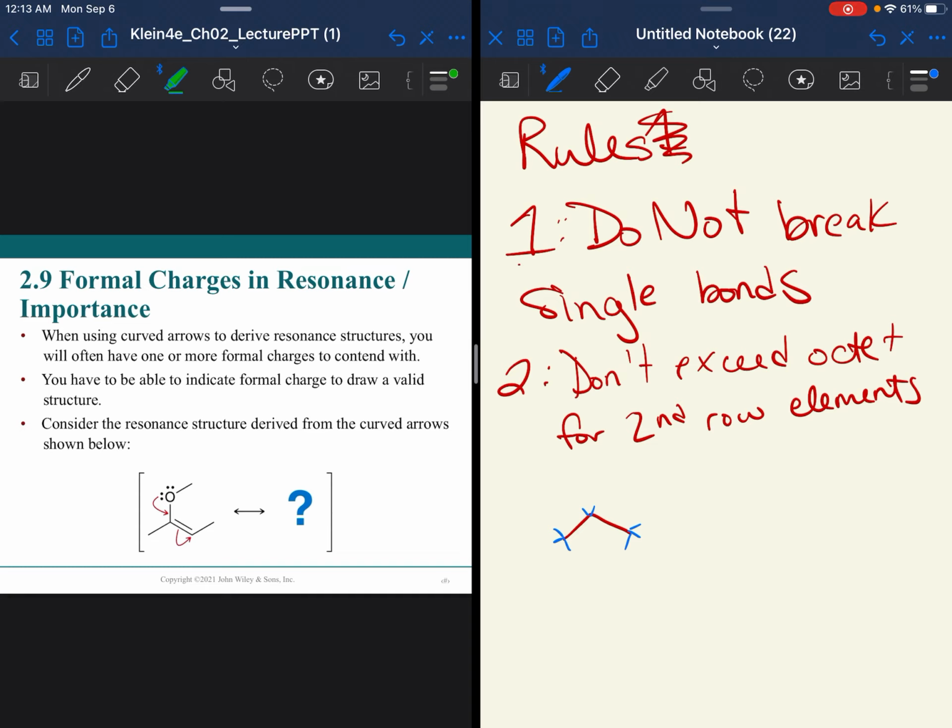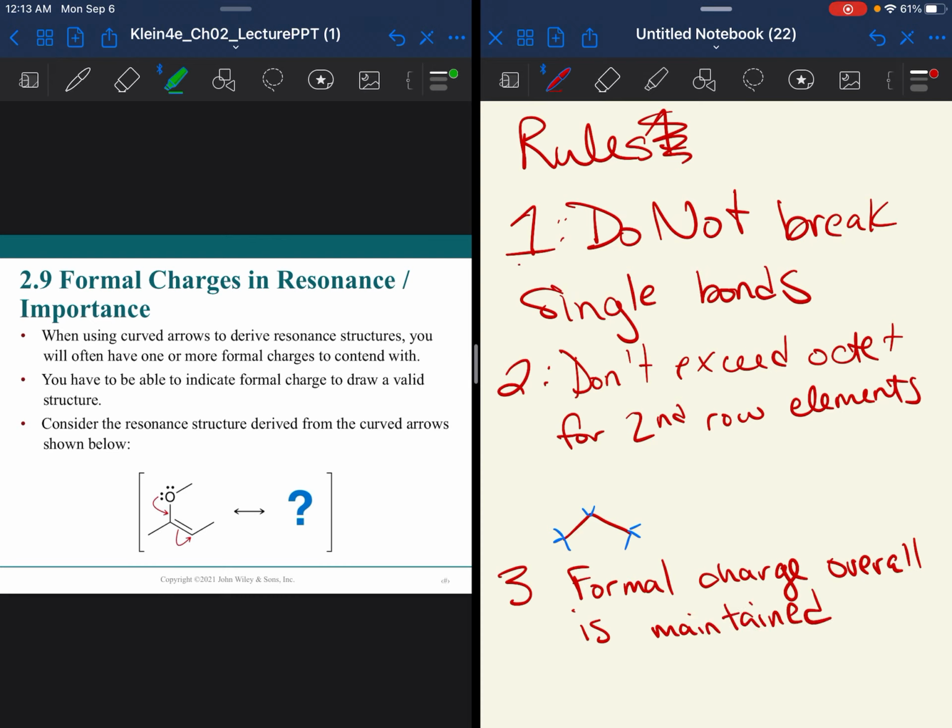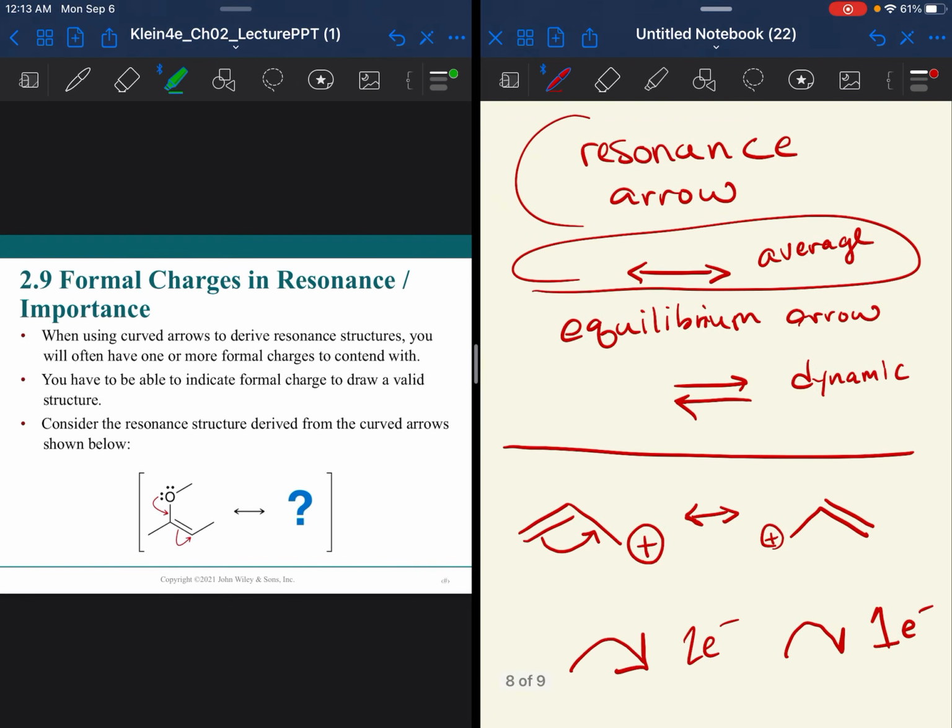Formal charge is super important. And we're going to make this like it's a rule here, even though they don't call it a rule. Let's say number 3: overall formal charge is maintained. So every resonance structure that you draw should have the same overall charge.